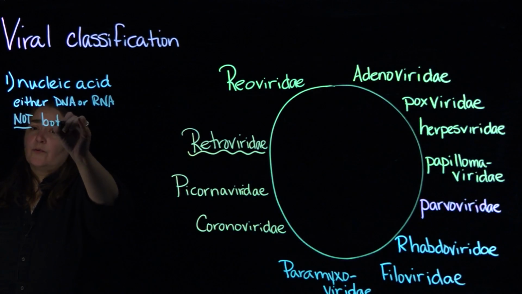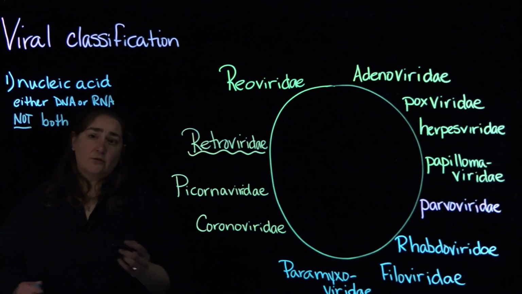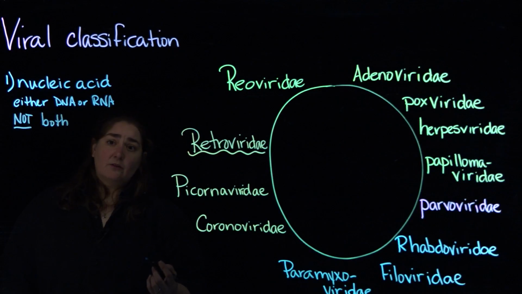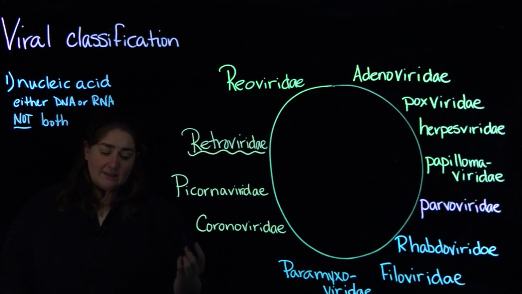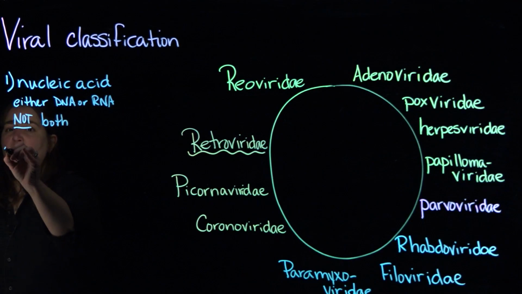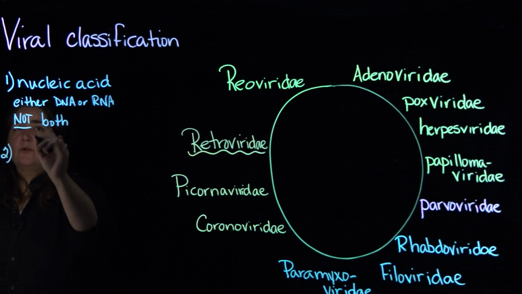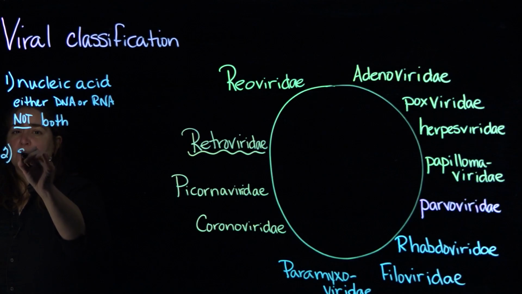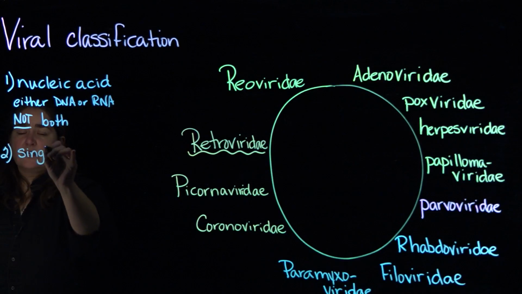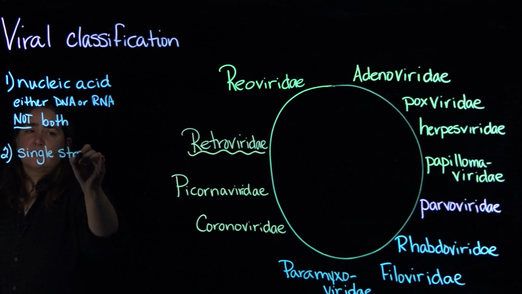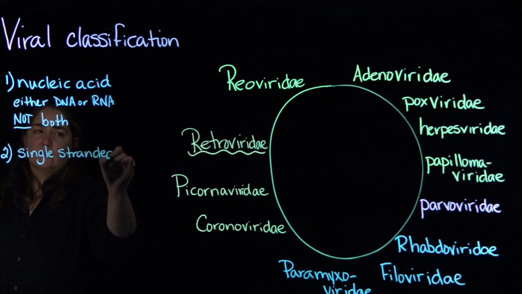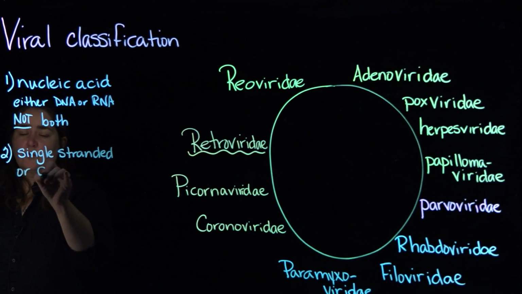You don't have both, though. You've got either DNA or RNA that makes up the virus. And then that DNA and RNA, that nucleic acid, can be broken down even further into single-stranded or double-stranded.